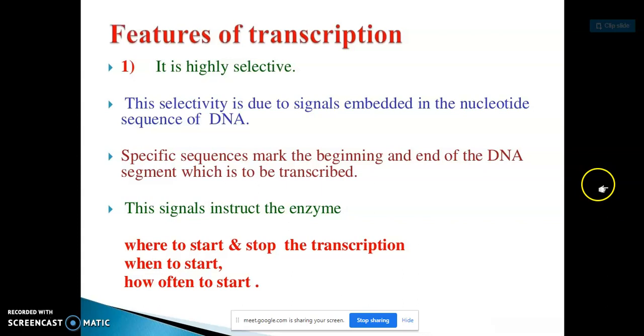Specific sequences mark the beginning and the end of the DNA segment which is to be transcribed. So you have some regions which mark the start and end of a particular gene that is to be transcribed. These signals instruct enzymes where to start and where to stop transcription, and when to start and how often to start. Everything is determined by the signals.